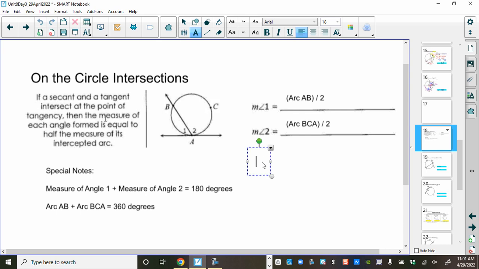Angle times 2 gives you the arc, or arc divided by 2 gives you the angle. But that's only if your circle touches the point where the two angles meet.